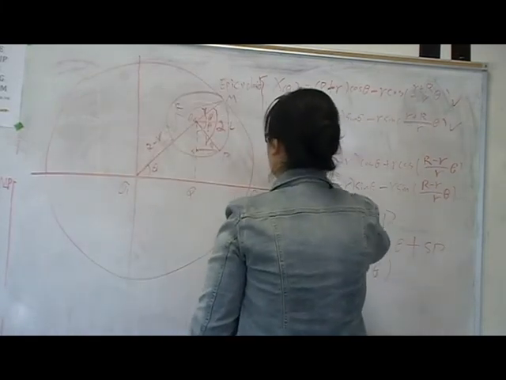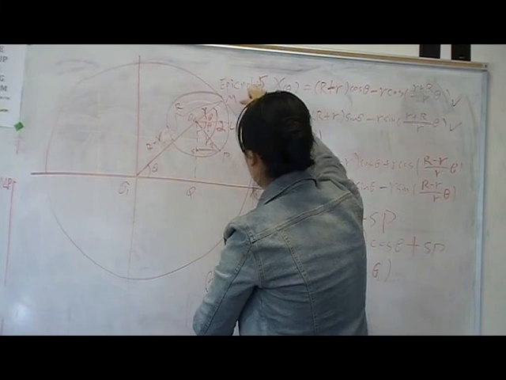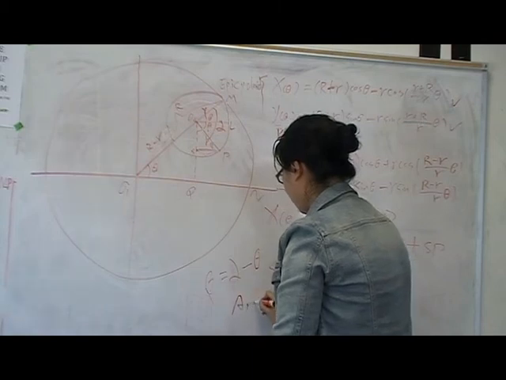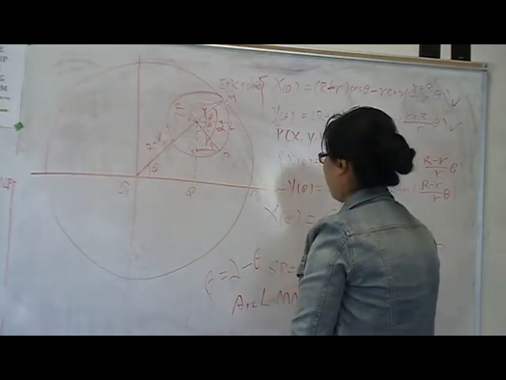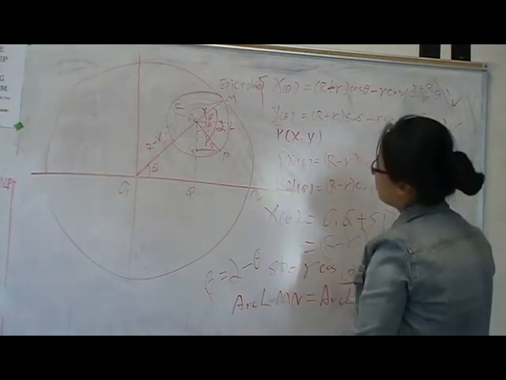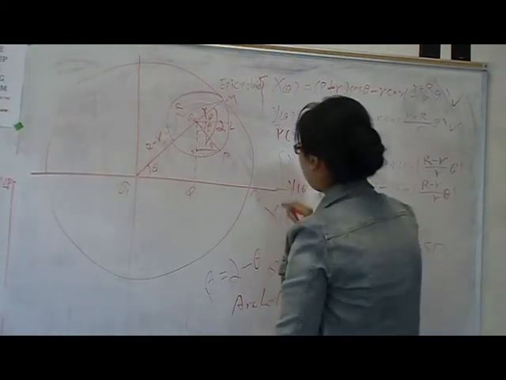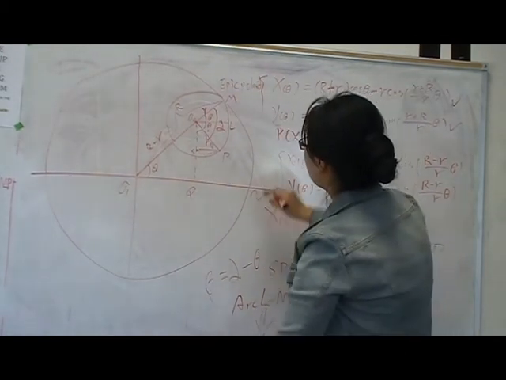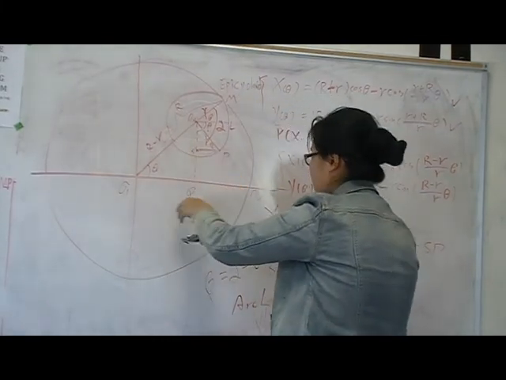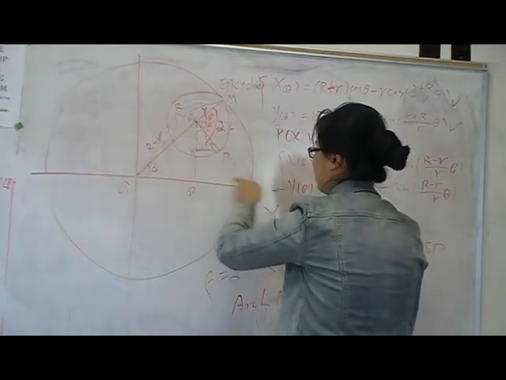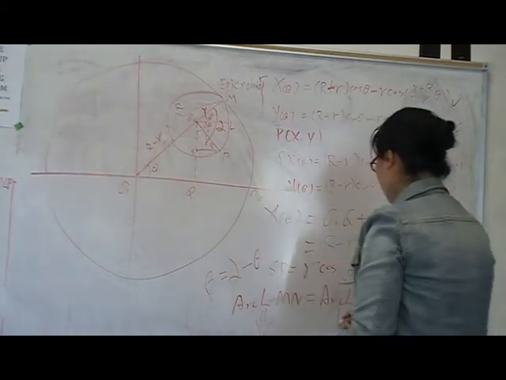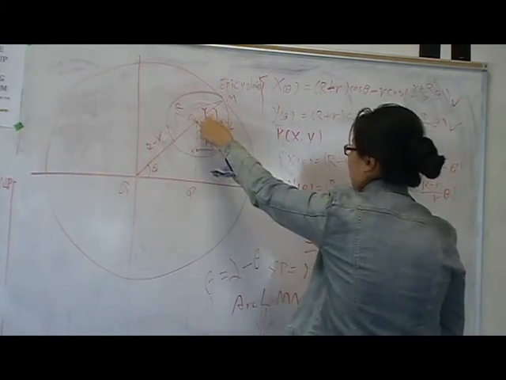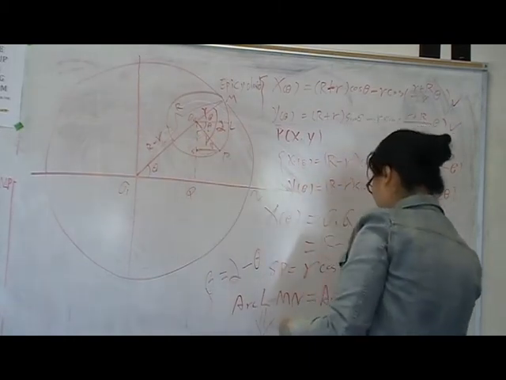And we know the arc length MN and the arc length MP are the same. Arc length MN equals big R times this theta. And arc length MP here equals small r times this angle, which is alpha.